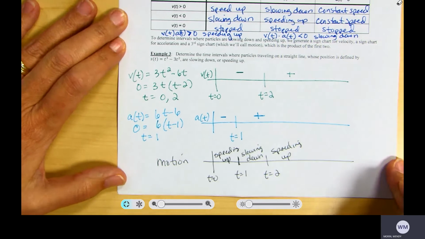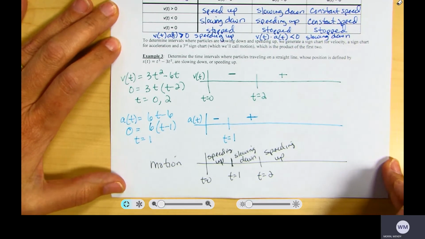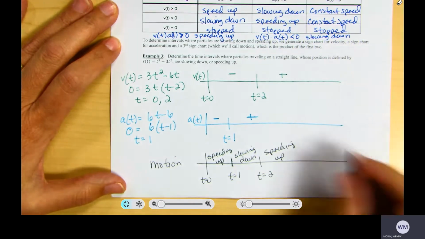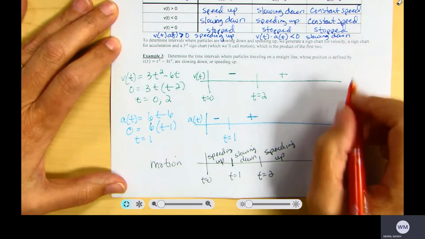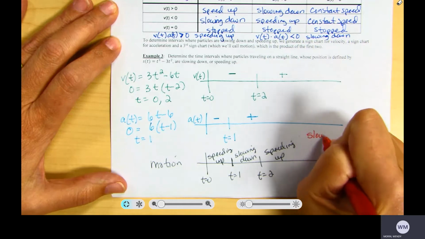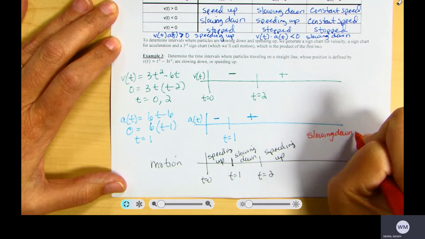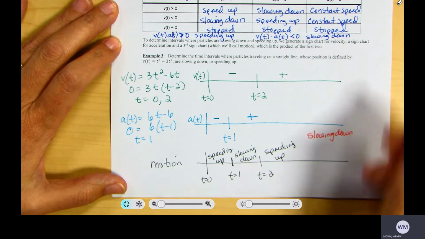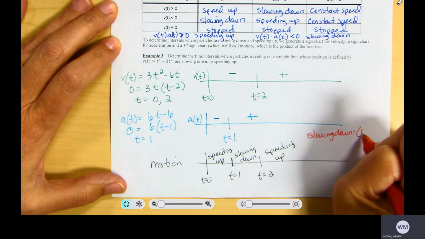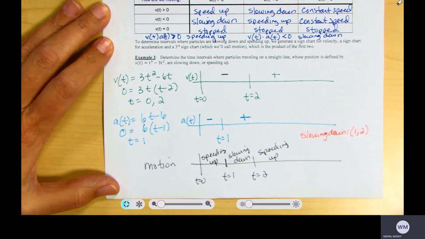So it says what intervals? Well, in calculus, we use interval notation. So I'll write the answer here to answer the question. Slowing down: our interval is going to be from 1 to 2.